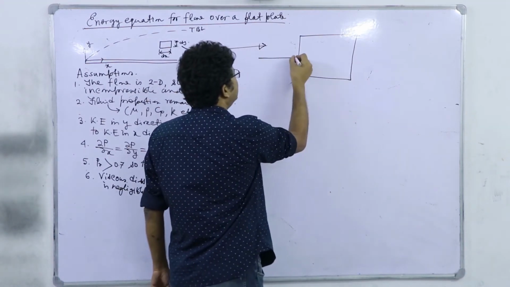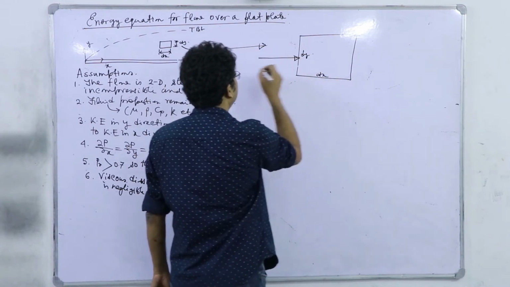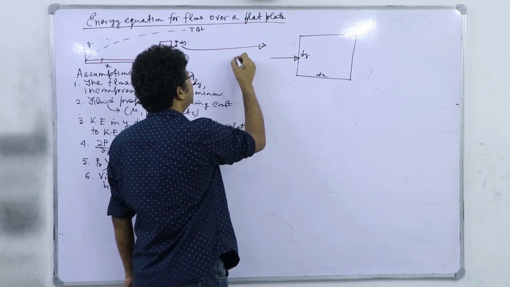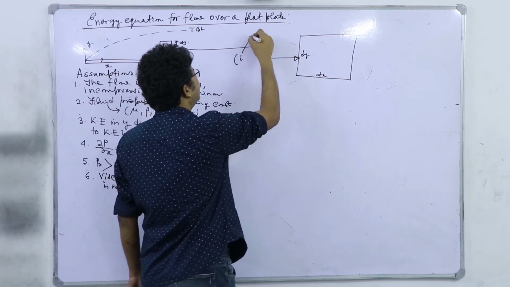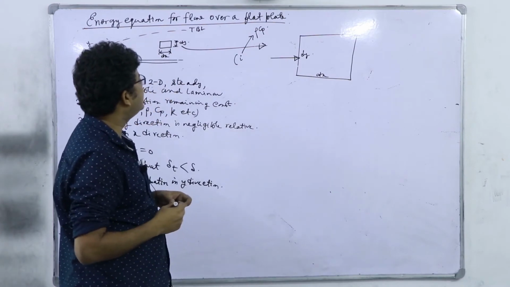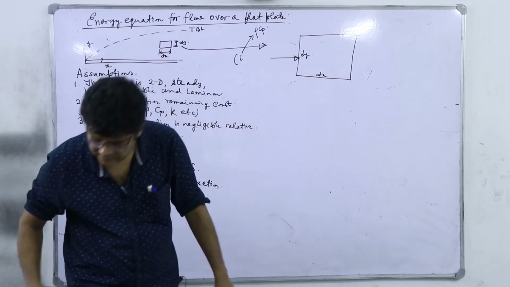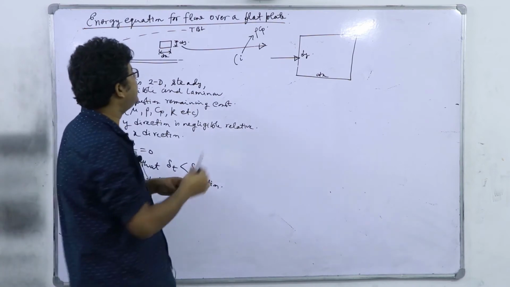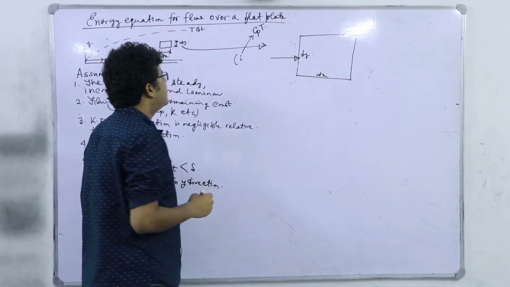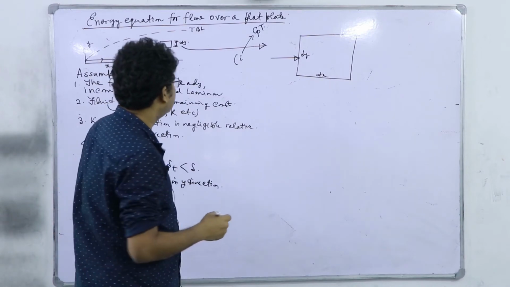In this direction, this is say dx, this is dy. So here in this direction, we will have rho Cp, or rather Cp T, not rho Cp, it's Cp T. It is the enthalpy per unit mass.